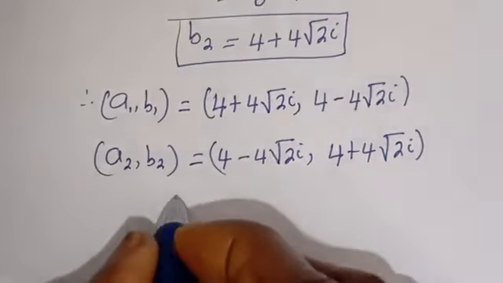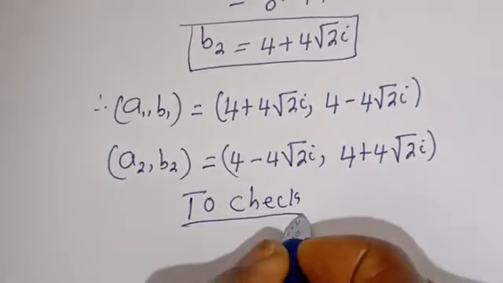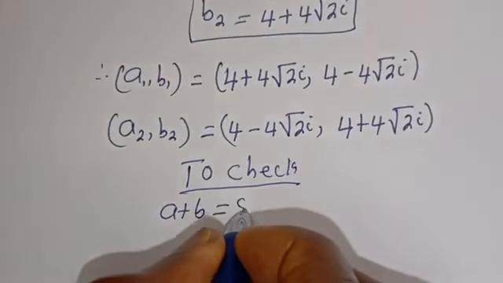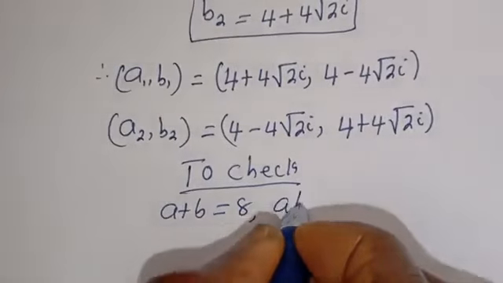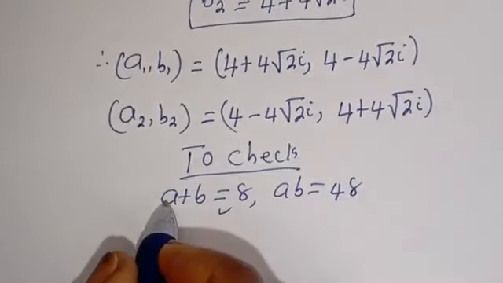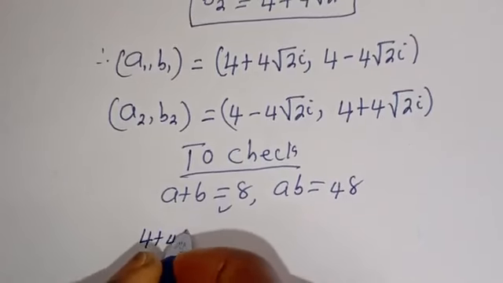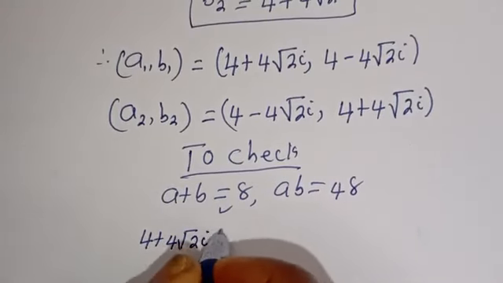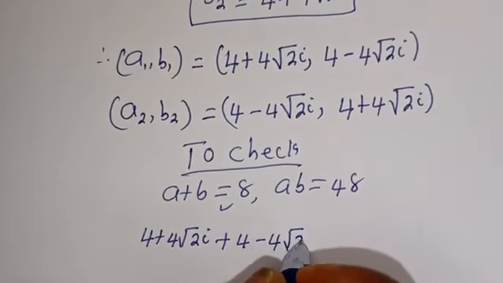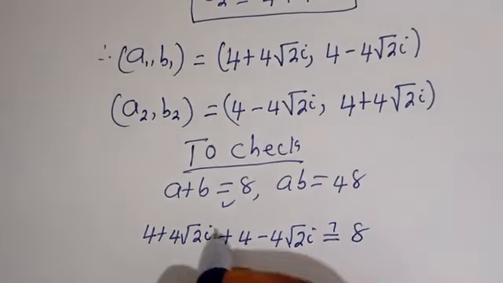Let's check. To check, we have the given equation A plus B equal to 8, then AB is equal to 48. Let's consider this. We know the value of A and B, then we have 4 plus 4 square root of 2I plus 4 minus 4 square root of 2I must be equal to 8.